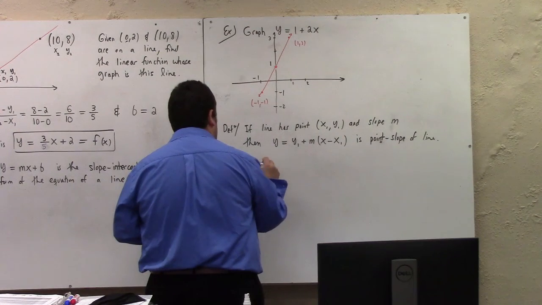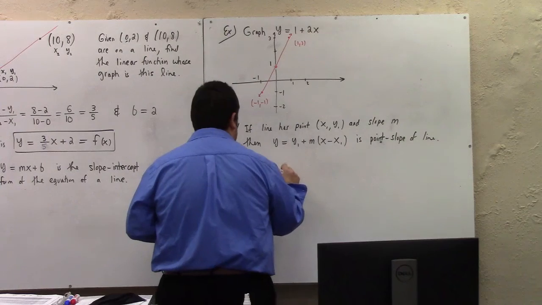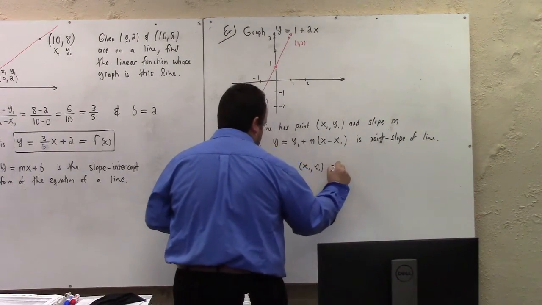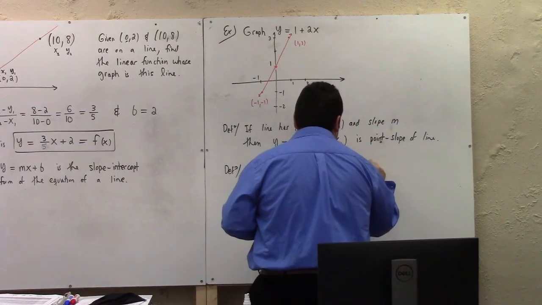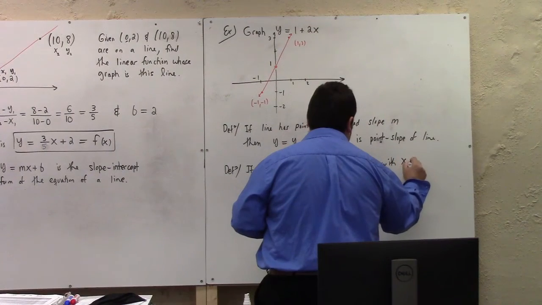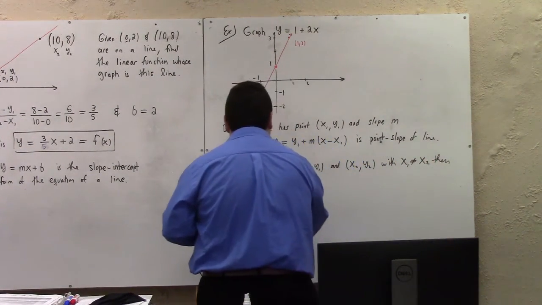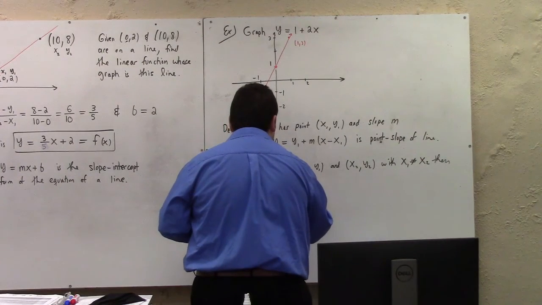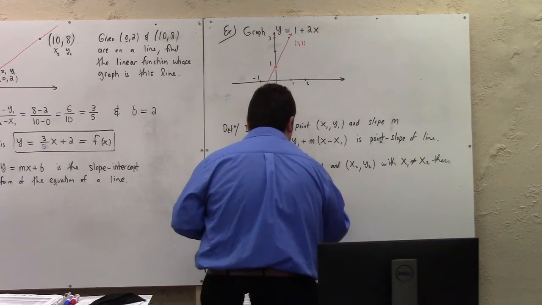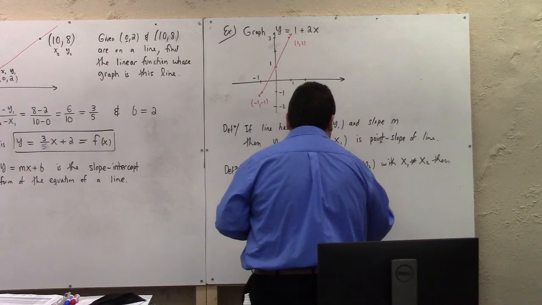There's also a 2-point form for the line. If the line has x1, y1, and x2, y2, with x1 not equal to x2, then y equals y2 plus y2 minus y1 over x2 minus x1, parentheses, times x minus x1.